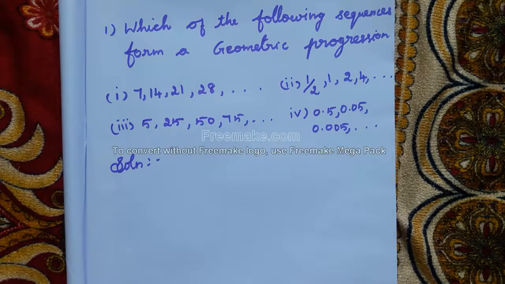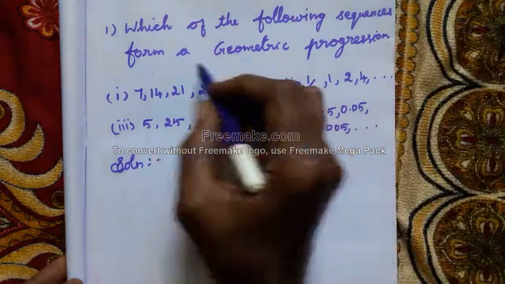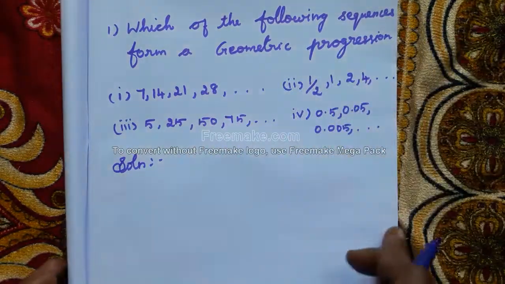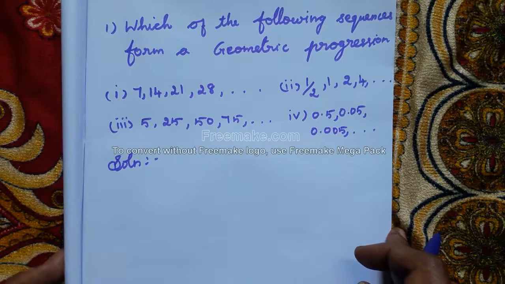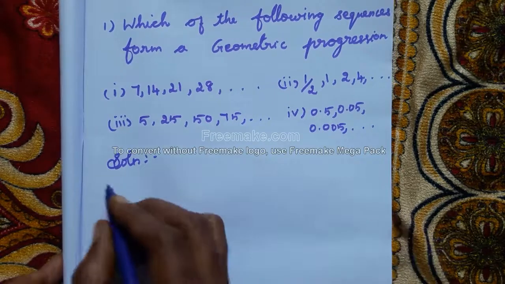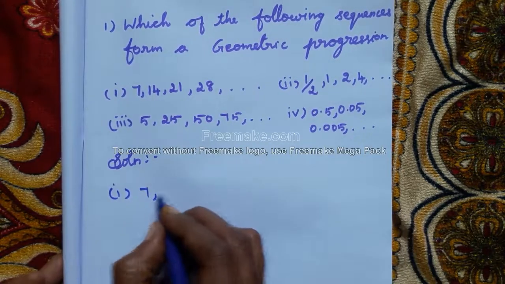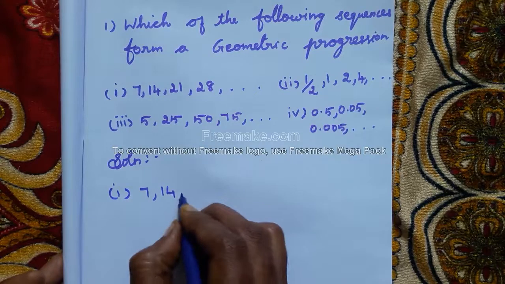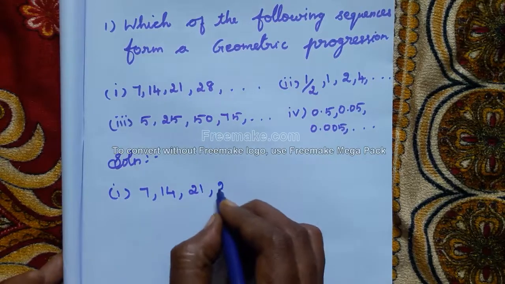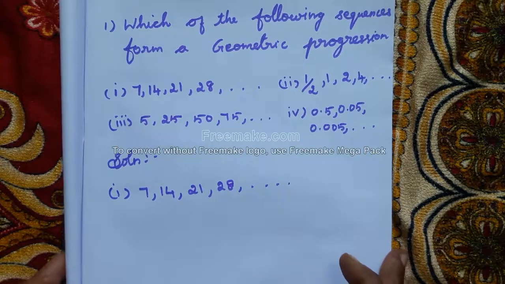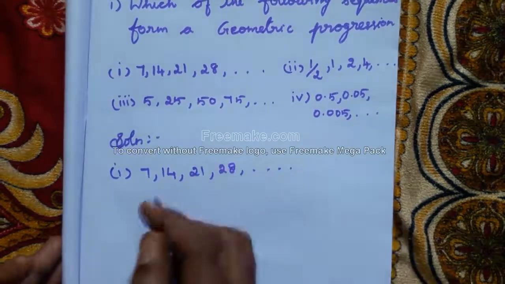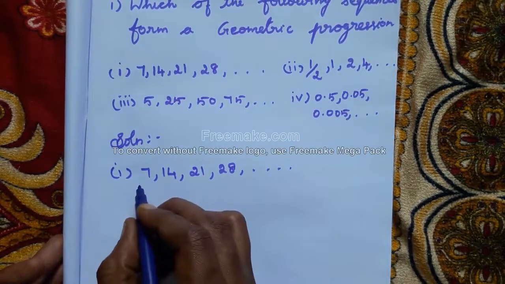First problem: which of the following sequences form a geometric progression? First question, 7, 14, 21, 28, etc. First we check T2 by T1.